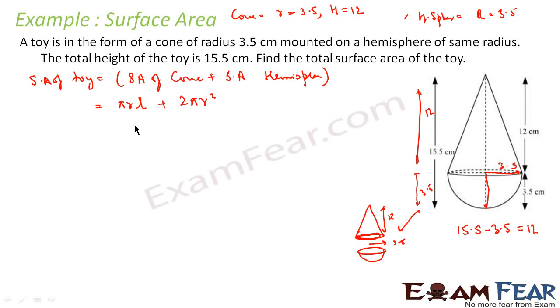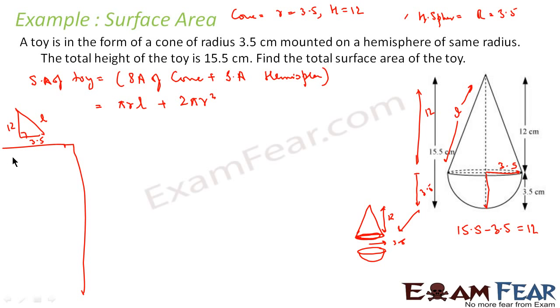So let's find the value of L. L is the slant height, we know. So if you see in this triangle, we'll find L here as well. This is L, which you have to find. This is height, that is 12, and this is radius, that is 3.5, and this is a right triangle.